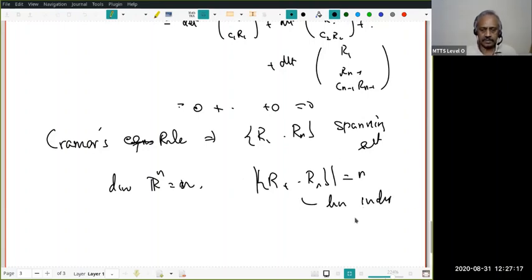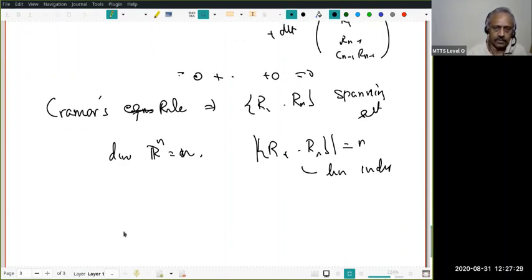Therefore, any n vectors which are linearly independent in an n-dimensional vector space form a basis. Therefore, this is a basis. Whichever way you like, you take that. So, have you understood this? Pause, review, and proceed.